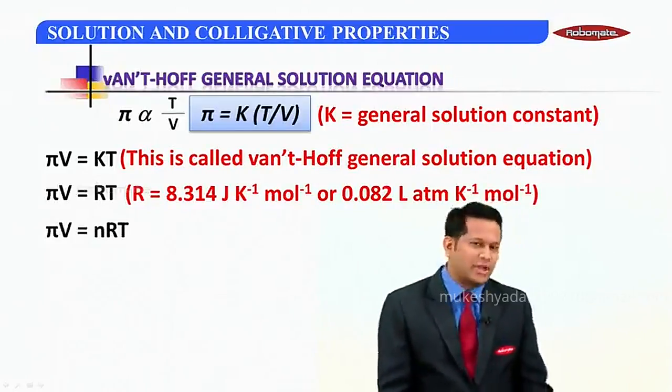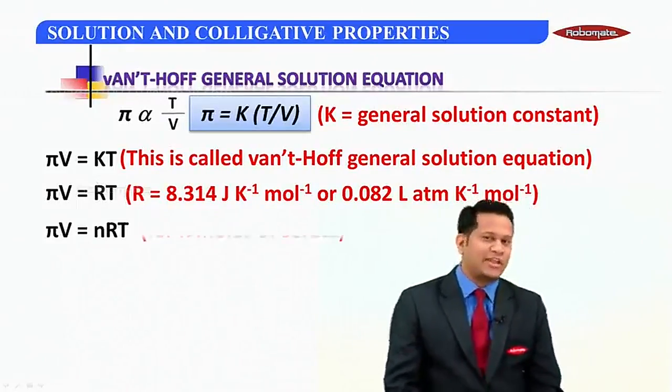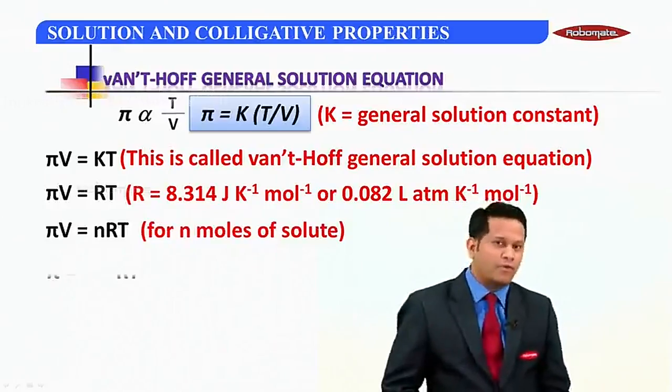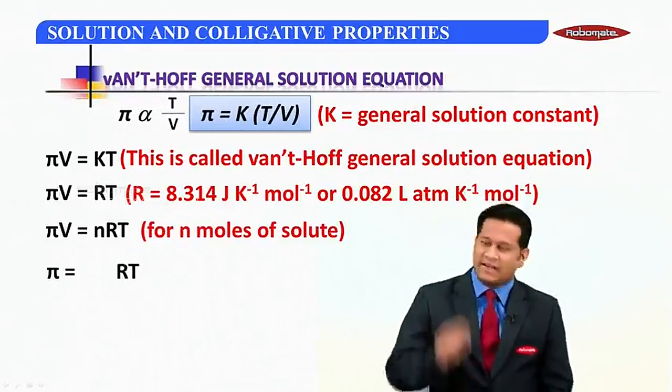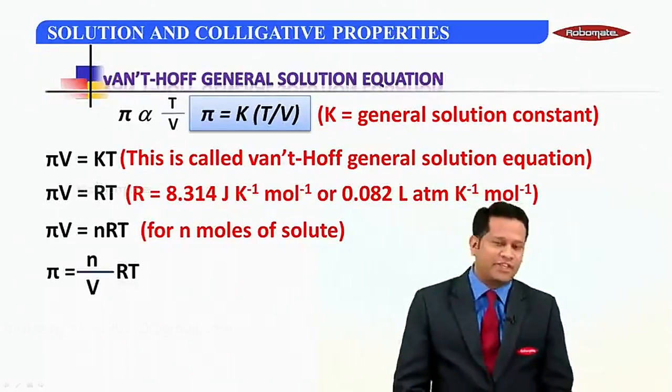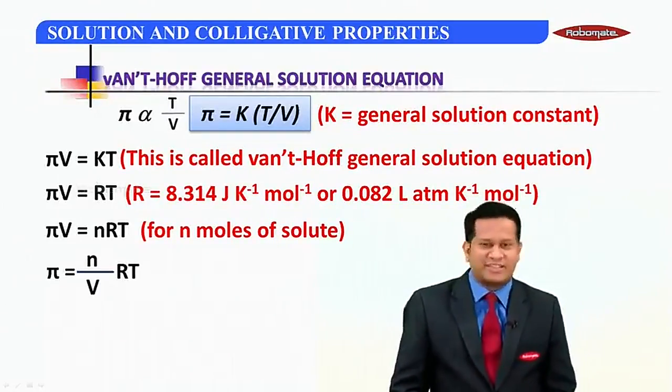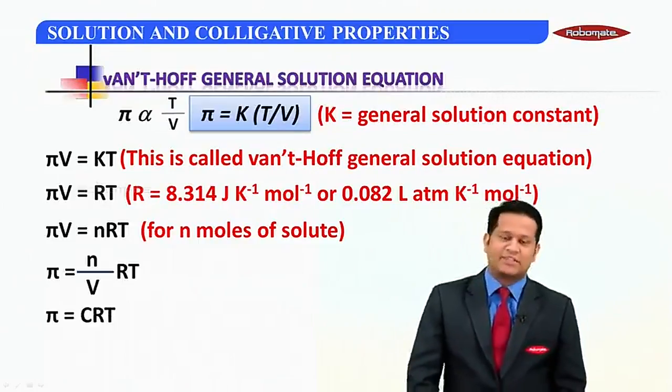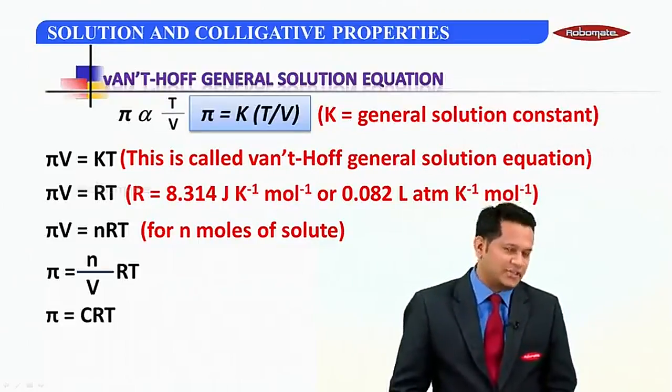For n moles of the solute, I will have the equation pi V equals nRT. Rearranging once again, pi equals n upon V RT, where n upon V is nothing but concentration. So pi equals CRT.